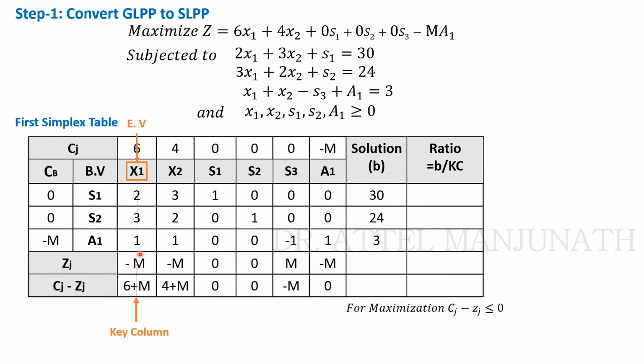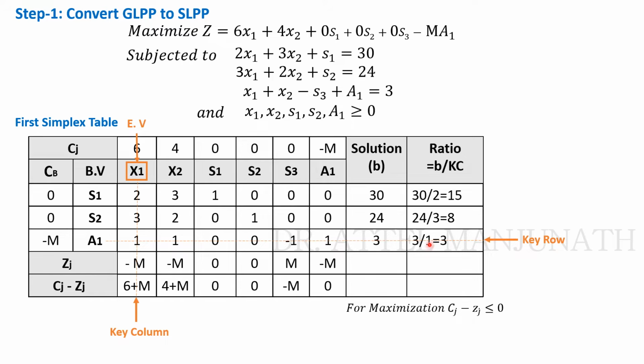Taking these values with the solution to calculate the ratio, divide the solution by the key column elements. 30 by 2 you get 15, 24 by 3 you get 8, similarly 3 by 1 you get 3. Now out of these, you need to identify the lowest value to identify the key row.